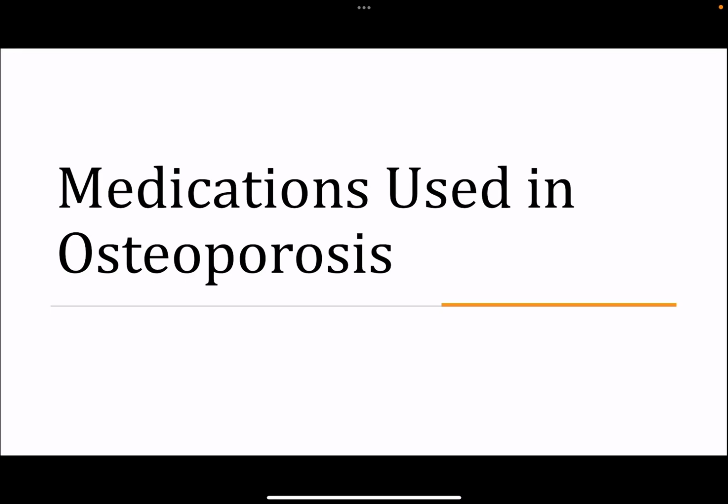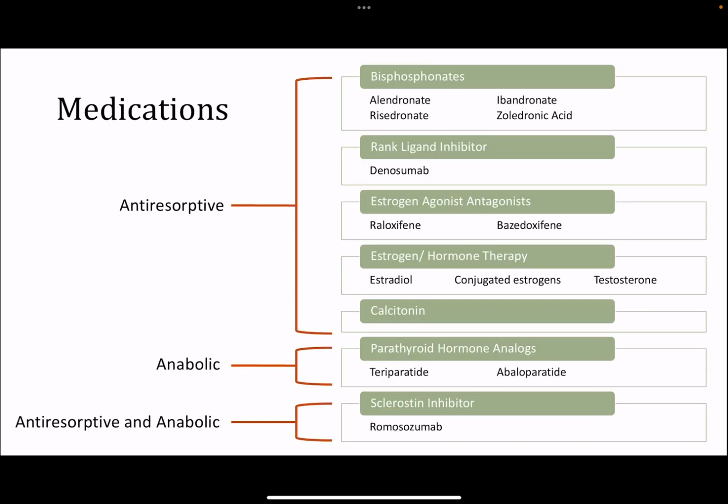Now we're going to be looking at the medications that are used in osteoporosis. Generally, we're going to classify them into two different mechanisms. First, we have anti-resorptives, and second, we have anabolics.